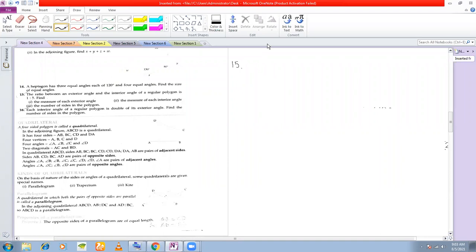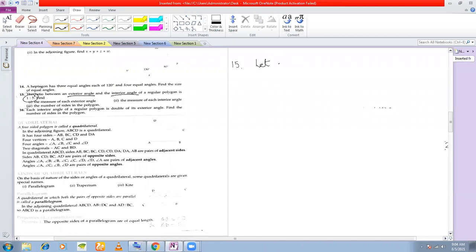Okay, so now the each exterior angle and interior angle, what is the ratio? 1:5. So I can take the exterior and the interior angle. See, first exterior angle is mentioned, and then you have interior angle, and the ratio is 1:5.